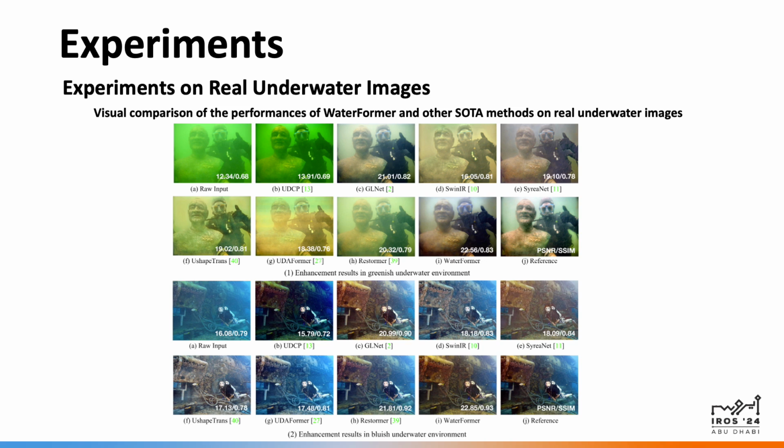Methods like SwinIR, SyriaNet, and U-Shape Trans tend to generate noticeable artifacts. GLNet and Restormer are less effective in eliminating greenish-bluish effects. Conversely, WaterFormer consistently improves image quality across various underwater conditions and achieves higher PSNR, SSIM scores with reference images.